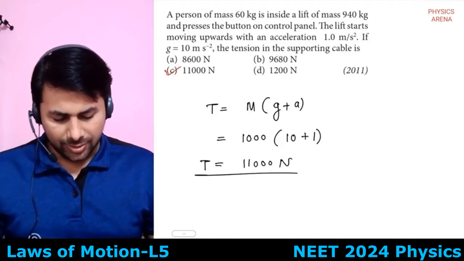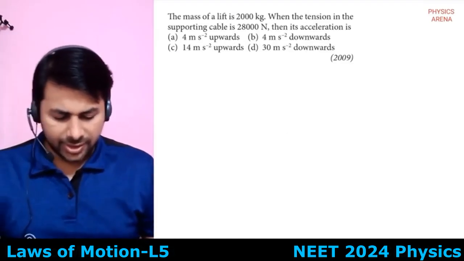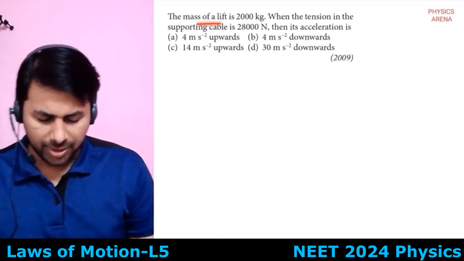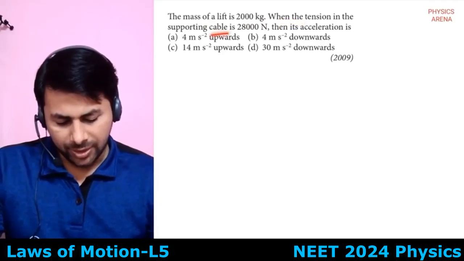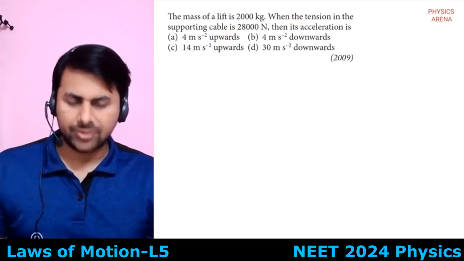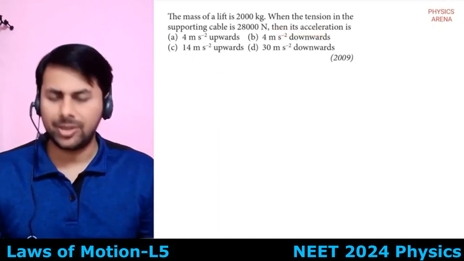So now, let's discuss this question. The mass of a lift is 2000 kg. When the tension in the supporting cable is 28,000 newton, then what is its acceleration?